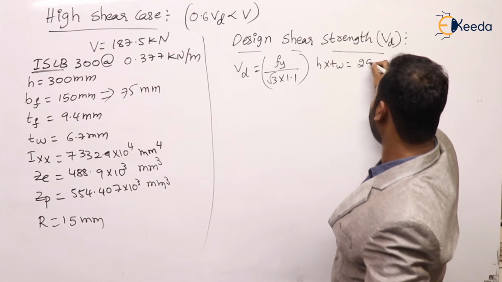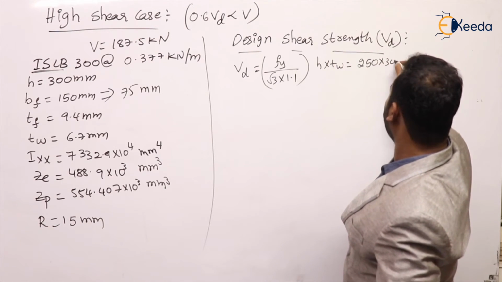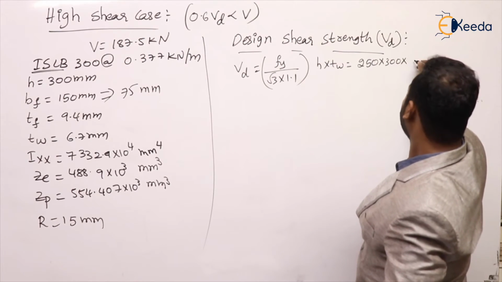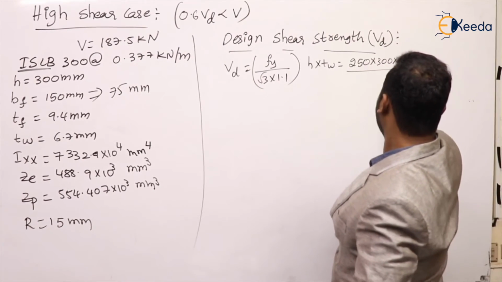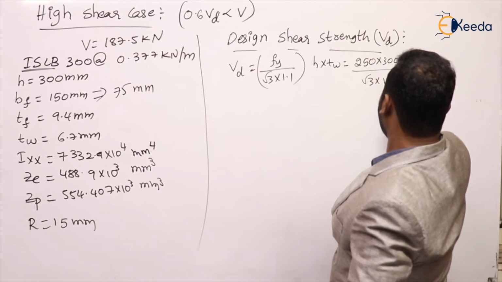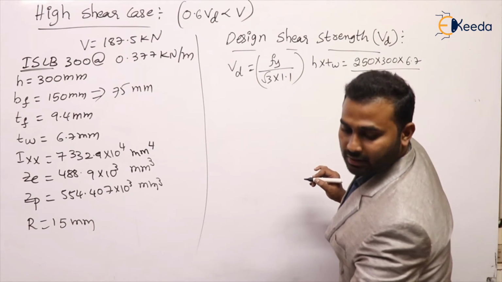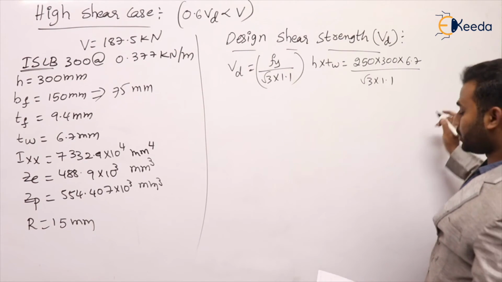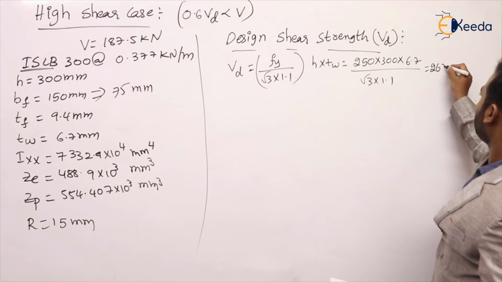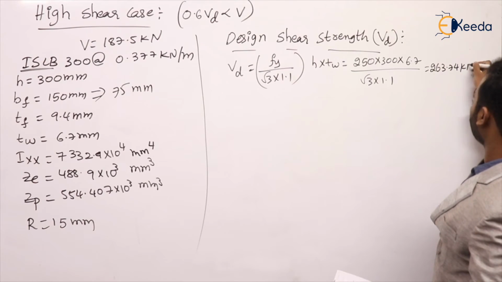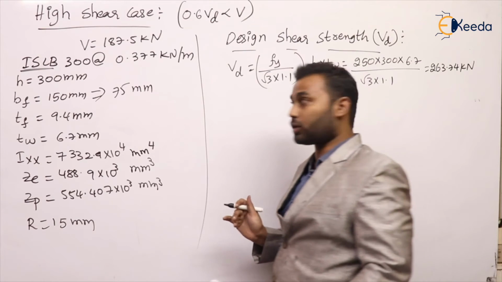So it is 250, H is how much? 300 and TW is 6.7 by root 3 into 1.1. Upon simplifying this, we'll get the value of design shear strength as 263.74 kilonewton.